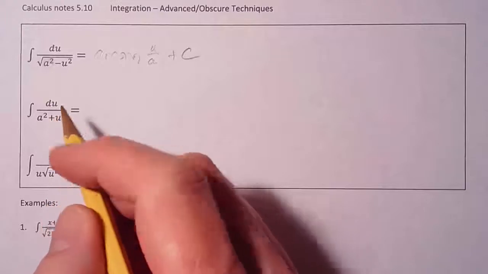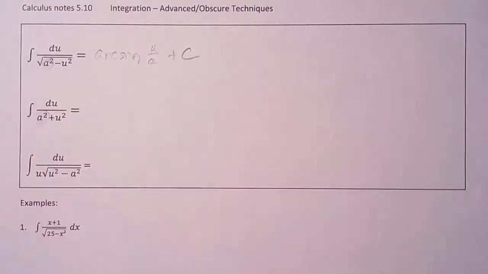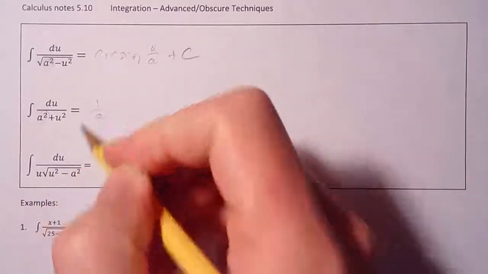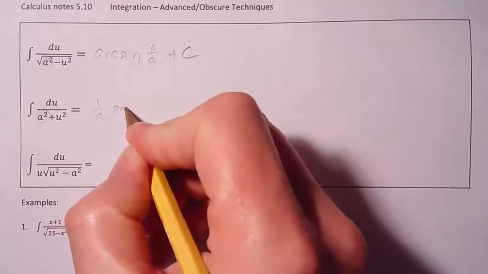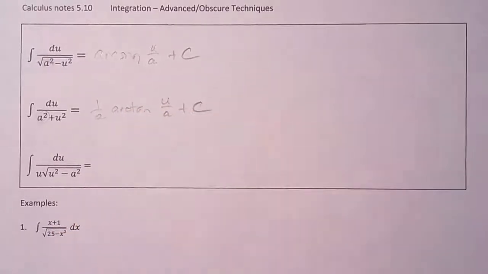This pattern would result in an arctan pattern. But again, there's an a here, which allows for some constant other than just 1. And what you would get is 1 over a times arctangent of the quantity u over a plus some constant of integration.